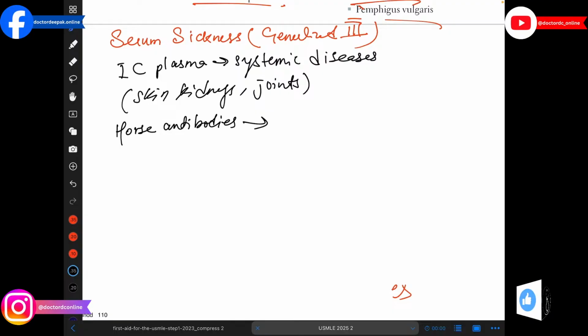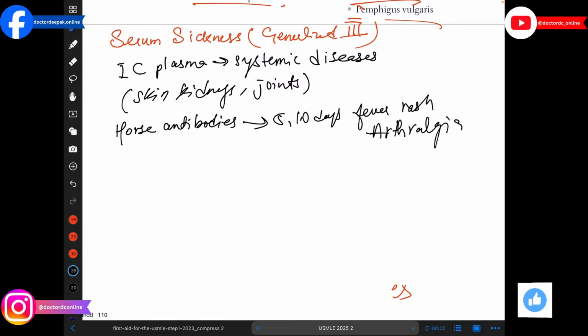After 5 to 10 days, the person develops symptoms of fever, rash, itch, and joint pain. Why does this happen? Because the antibodies of the serum join with the serum antigens and deposit in skin and joints.